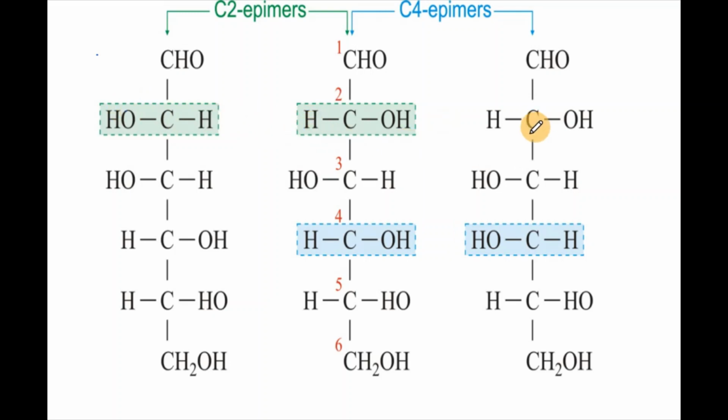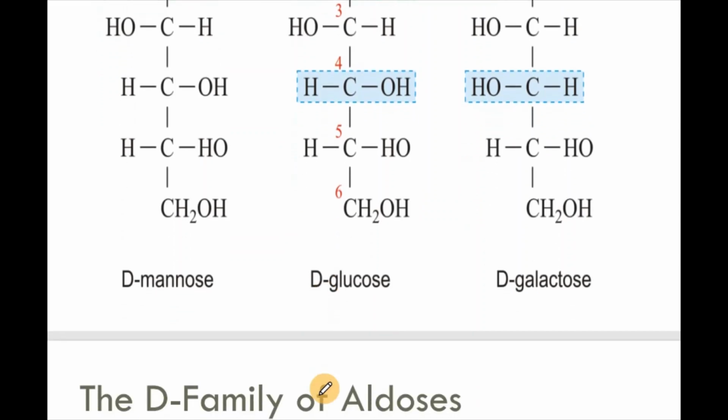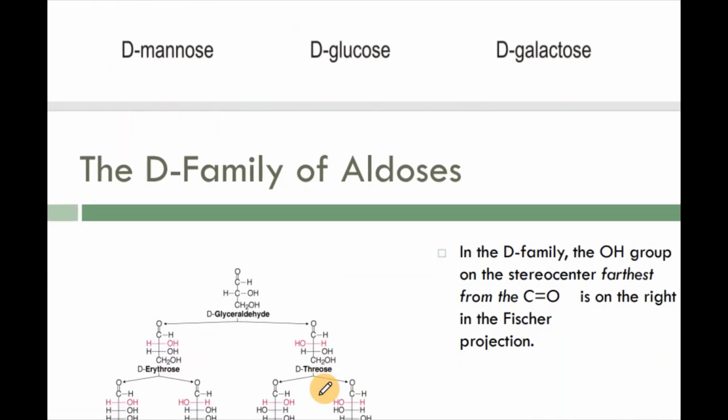Then glucose and galactose are epimers at position 4 because they only differ in the configuration of the OH and H at position 4, whereas glucose and mannose differ in position of OH and H at position 2. So take note, when you are asked to give an example of epimers, you can say glucose and mannose at position 2 or glucose and galactose at position 4.